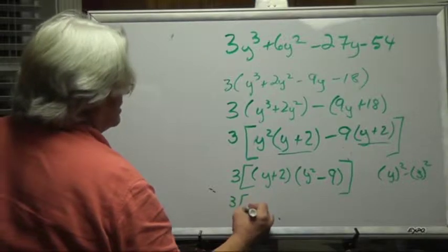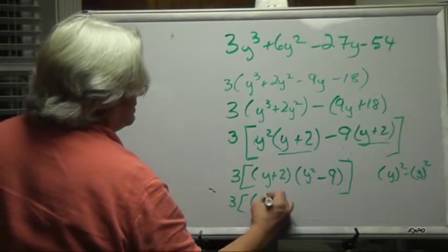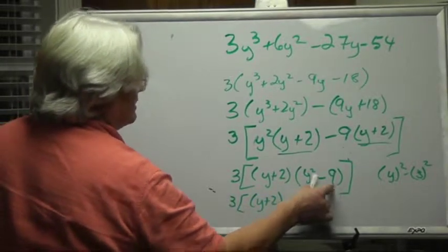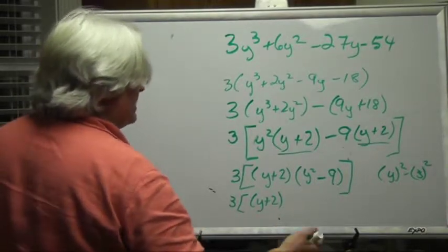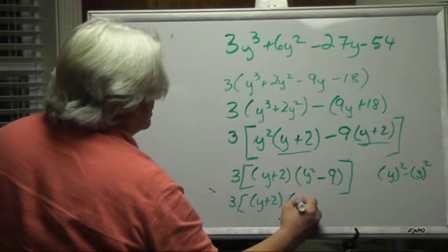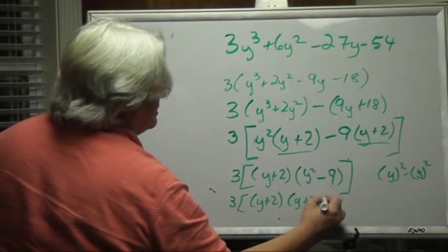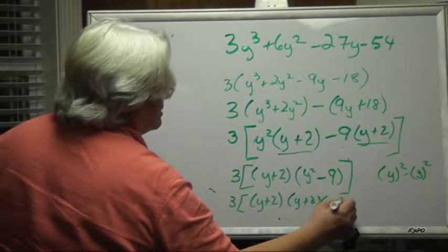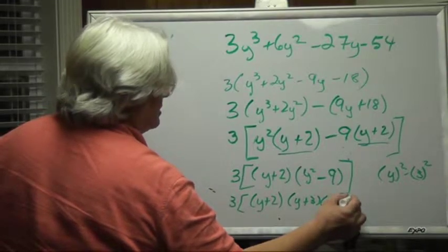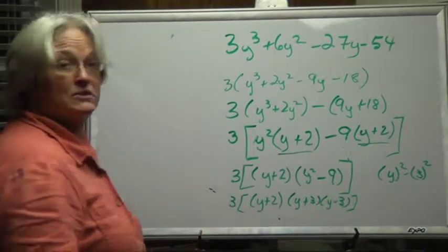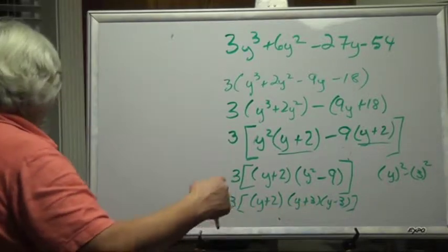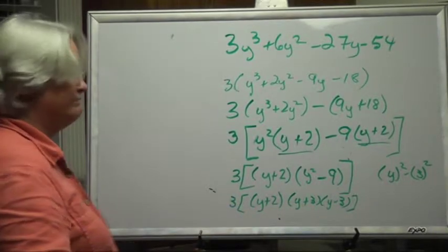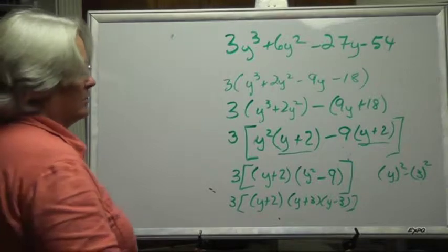3 times the quantity y plus 2. Now we're going to factor this y squared minus 9. We have y plus 3 times the quantity y minus 3. Anything we can combine in here? Anything that we have in common? No. We're completed.